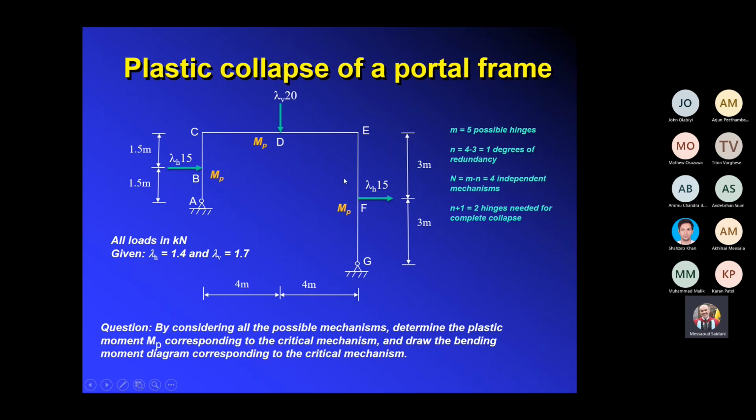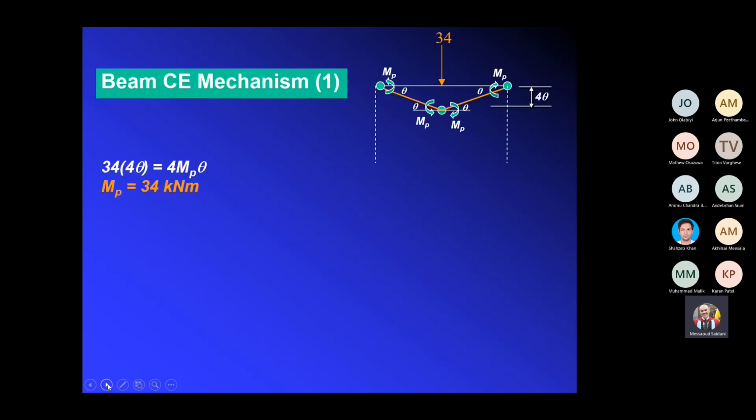So as soon as C and E have hinges, the whole frame will collapse, even without the hinge forming at D. That's why for this one here, we don't actually need all 3. These 2 will be sufficient for the whole frame to collapse. So this is effectively an over collapse mechanism.